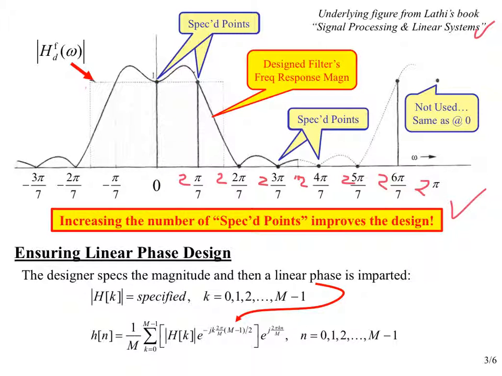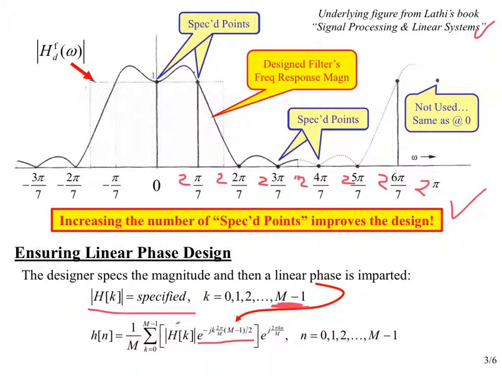Okay, and we've not really done anything here to account for the linear phase. All we've done here is just try to match the magnitude response of this. So to account for the linear phase before we do the inverse DFT, we would have our specified magnitude values, and then, based upon the number M that we have, we would include this linear phase term.